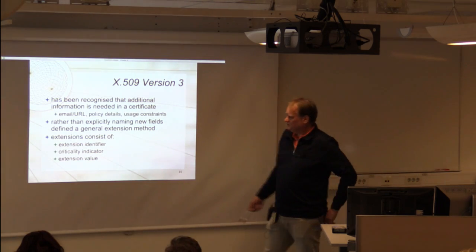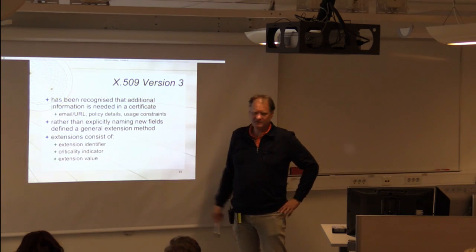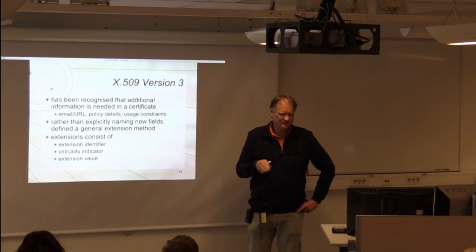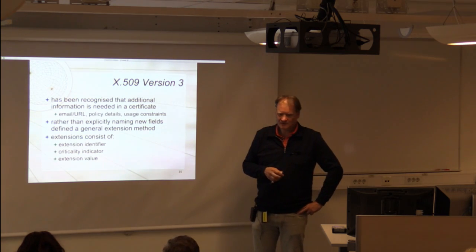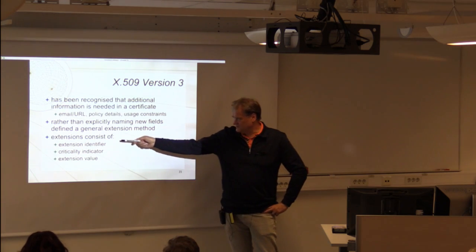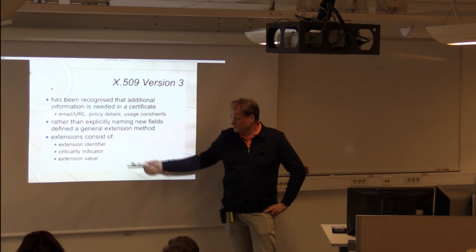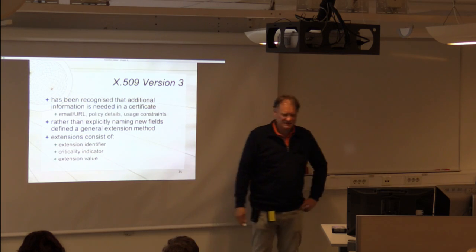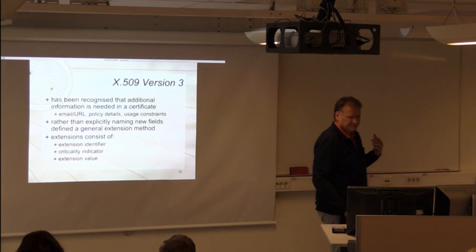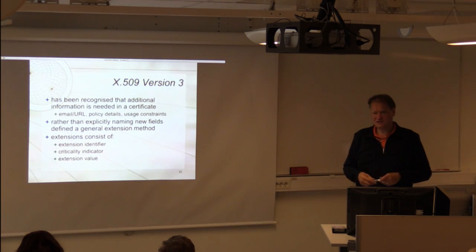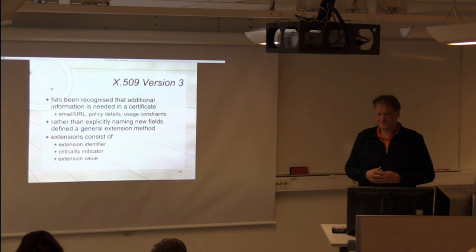So we have extensions. So a certificate can hold one or several extensions. And each extension has then an identifier to tell us what type of extension it is. Criticality indicator, which tells us is this a very important extension, or is it not that important?